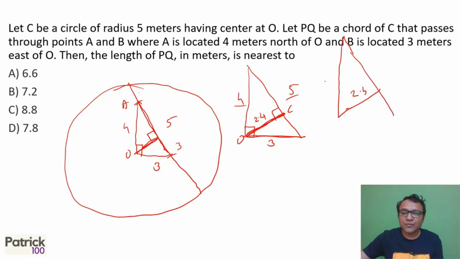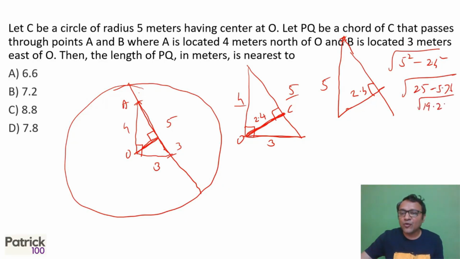Radius is 5. So what is half the length of the chord? Again a right angle triangle. So half the length of the chord is root of 5 square minus 2.4 square, which is root of 25 minus 5.76, which is root of 19.24. Now 19.24 is between 16 and 25, that is between 4 and 5, so it will be 4 point something. 4 point something is half the length of the chord.